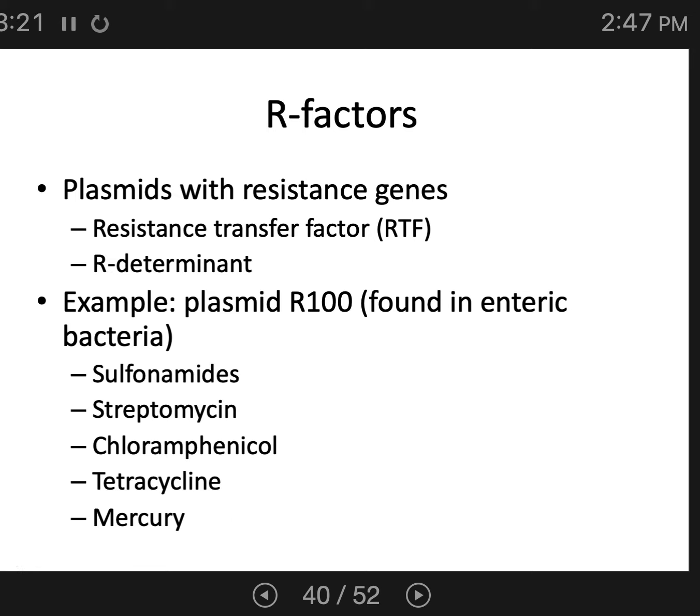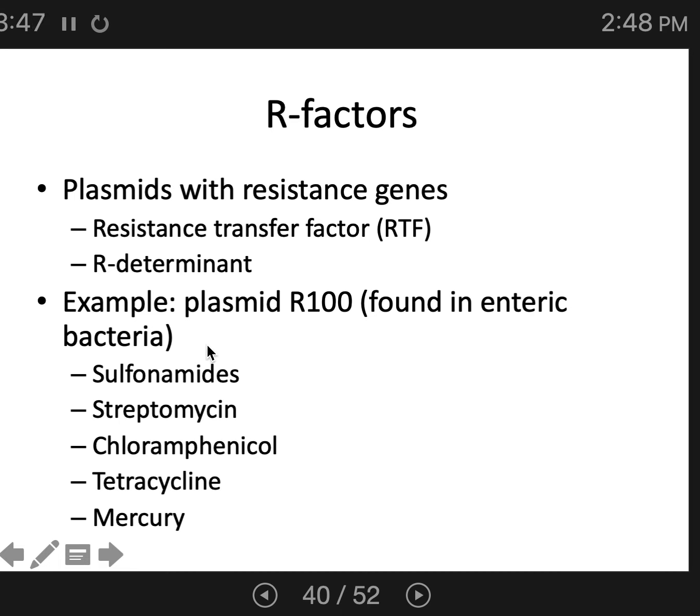The problem is your gut bacteria are not in control of who they give this gene to. They're not in control of where this plasmid goes. So the problem is when you get infected by a pathogen, your good gut bacteria can engage in conjugation with the pathogen and give the pathogen this plasmid, the R100 plasmid.